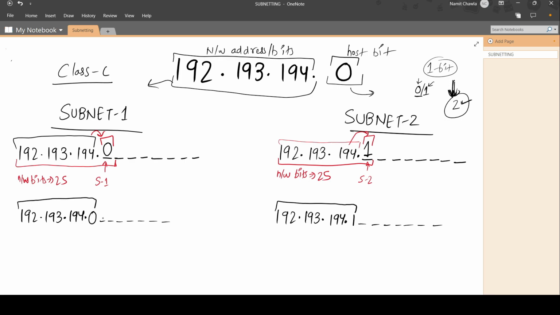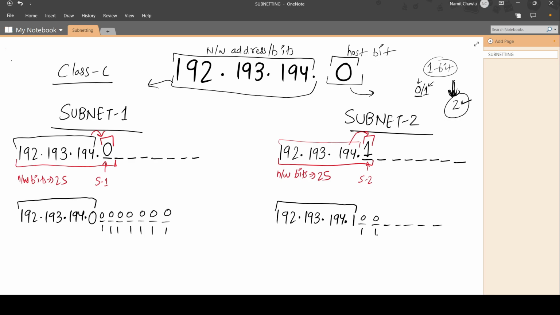Okay, now the options that I can have in these 7 bits are either a 0 or a 1. 0 or 1, 0 or 1, 0 or 1. Same thing I can do over here.